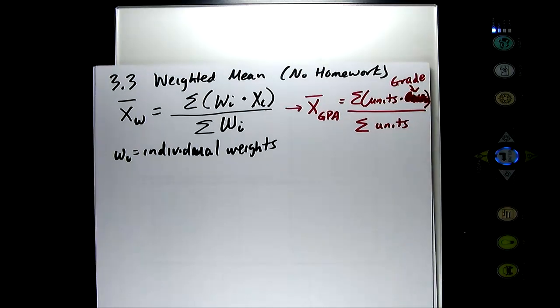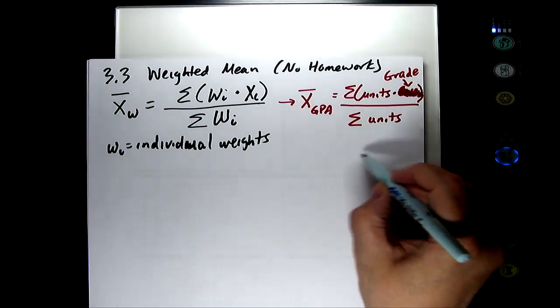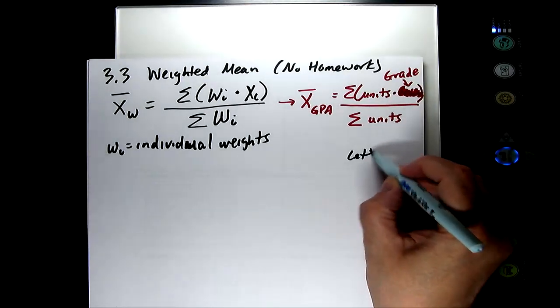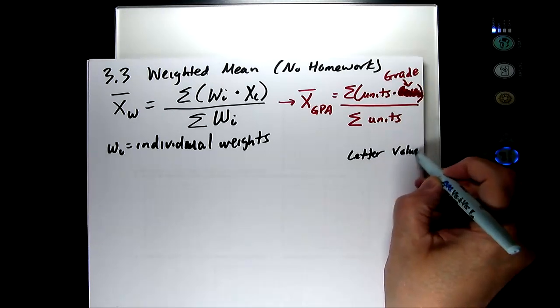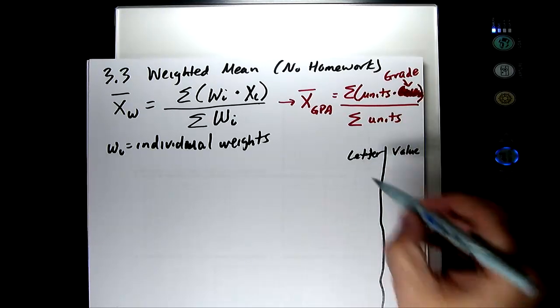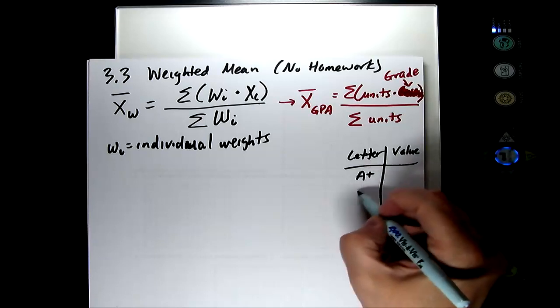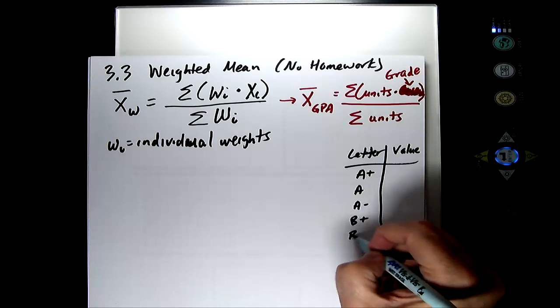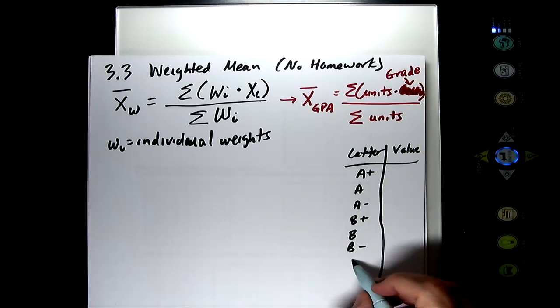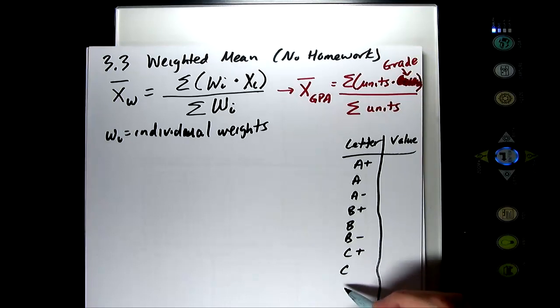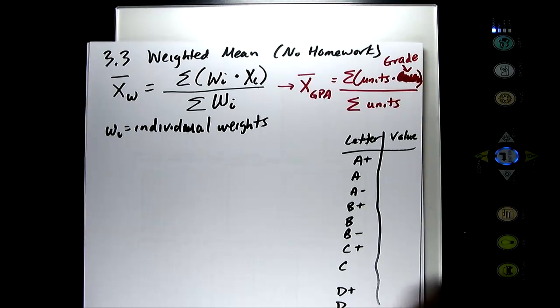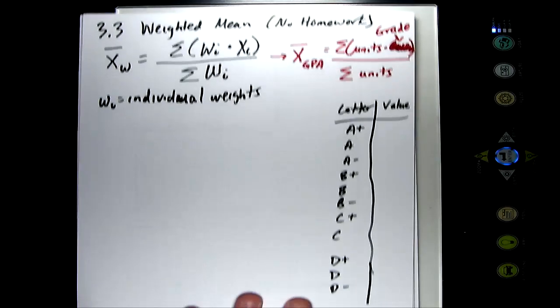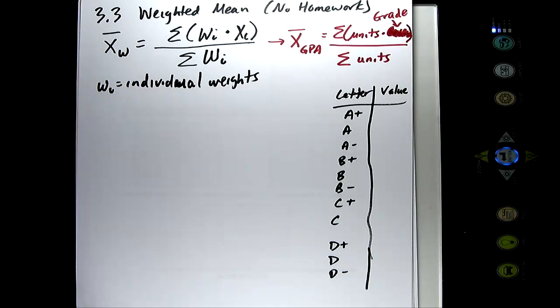So let's talk about how the grades work first, to make sure you guys are up on it, your letter grade and the value that we have. Let me just write a list of the letters, and I think if I do those, you'll get the idea.